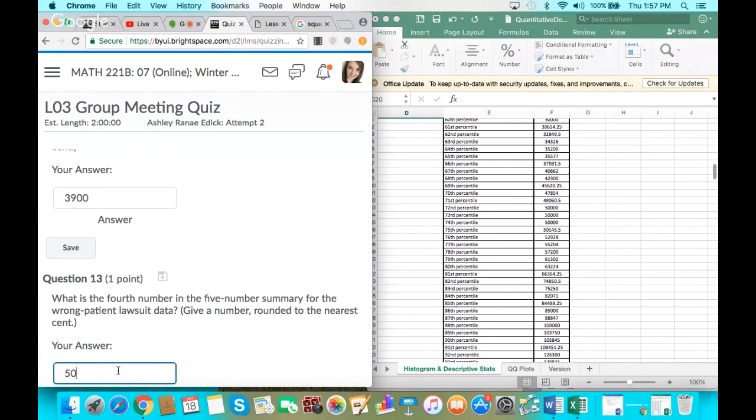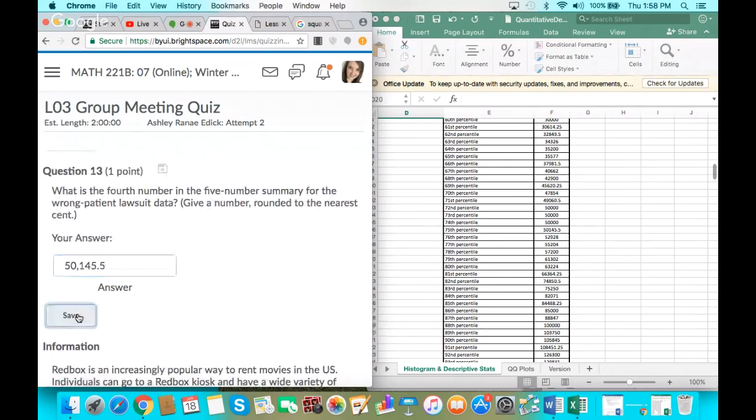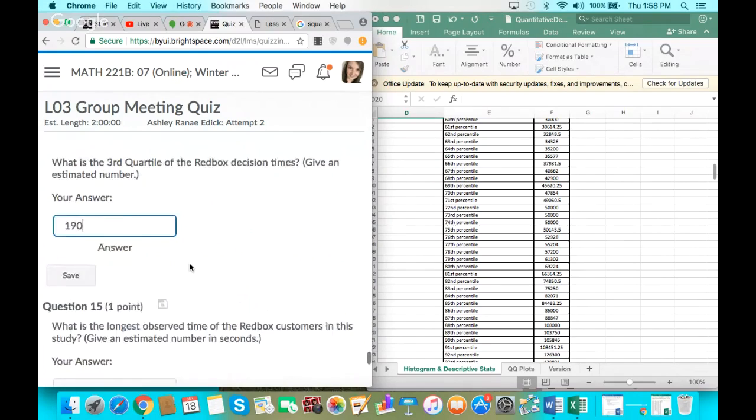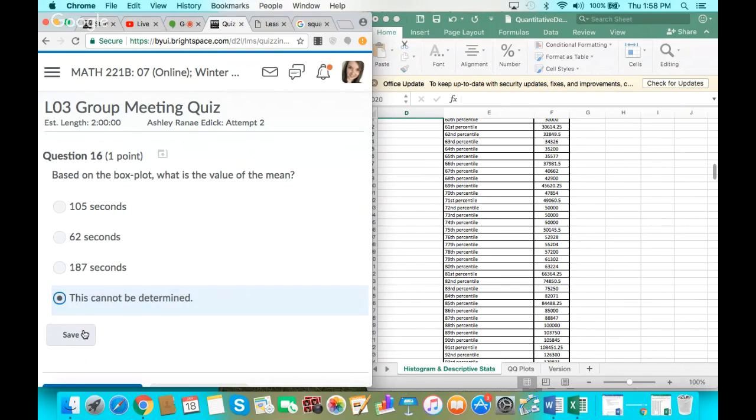So 50,145 point 5. Could we put the 0.5? Is that the nearest cent? Yes, right? Yeah. $50,145.50. I sure hope so. We'll do me 1, too. 7, 10, and this cannot be determined.